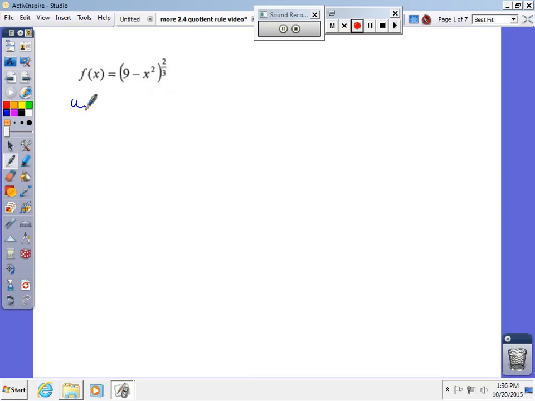I'm going to let u represent the innermost function, which is 9 minus x squared. Therefore, f of u is going to be equal to u to the 2/3.